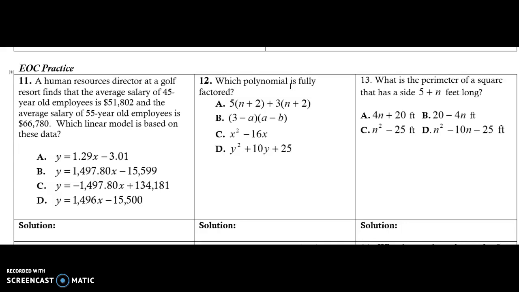And when I do that, I get negative 15,599. So that's my y-intercept, or my B. So looking at these two answer choices, this one's going to be my correct answer because it has the correct slope that I just solved for, and it has the correct y-intercept that I just solved for.